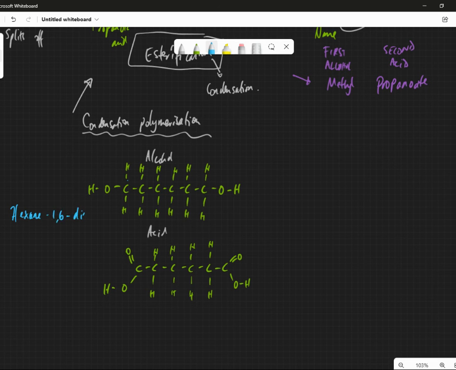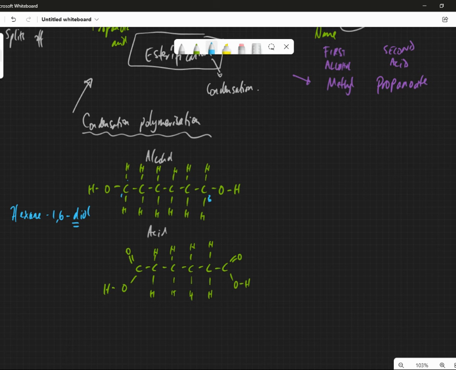1,6-diol. All right, and the reason it's called hexane-1,6-diol is because there's an alcohol group on number 1 and there's an alcohol group on number 6. And we call it a diol now. So in other words, diol means there's two ols. That just means there's two functional groups, one at number 1 and one at number 6.